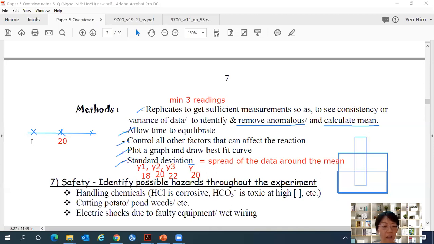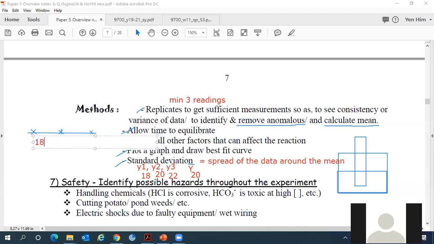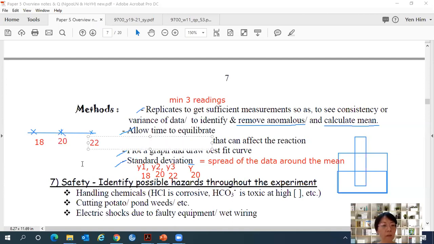Okay, so this is 18 and this is 22. So the spread of your data around the mean, the standard deviation, is actually from here to here.